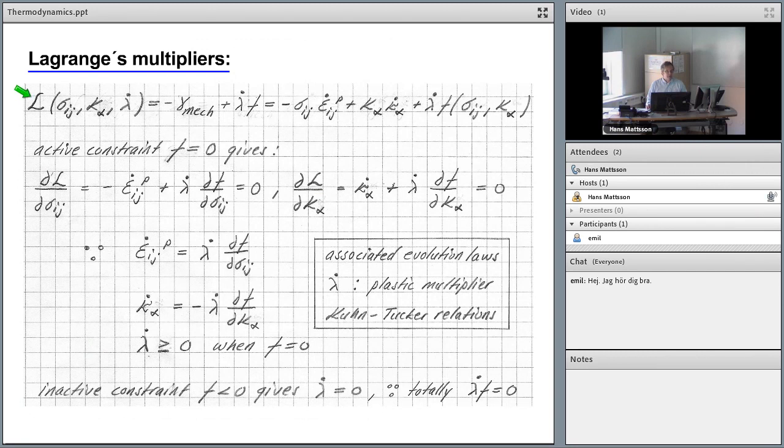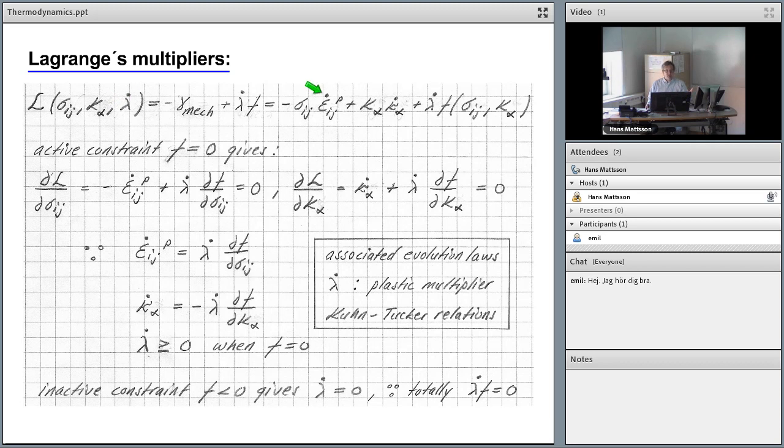In Lagrange multipliers, we maybe remember that first we have this function that we should minimize, plus a Lagrange multiplier, let's call it lambda dot, multiplied with the constraint f, that is the yield function. So the Lagrange function is a function of the stress tensor, the hardening parameters, and this Lagrange multiplier lambda dot.